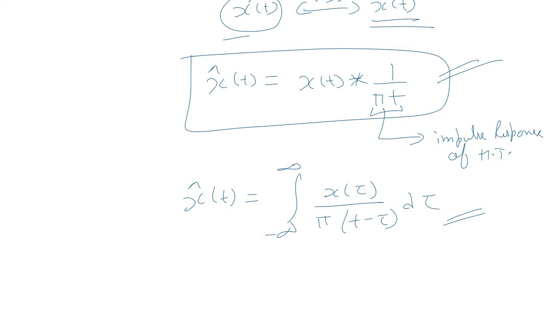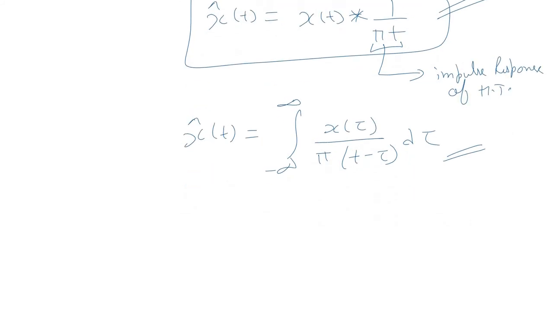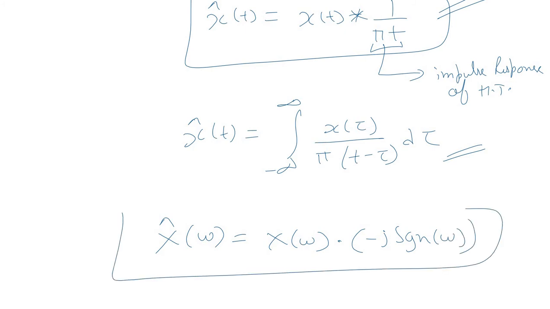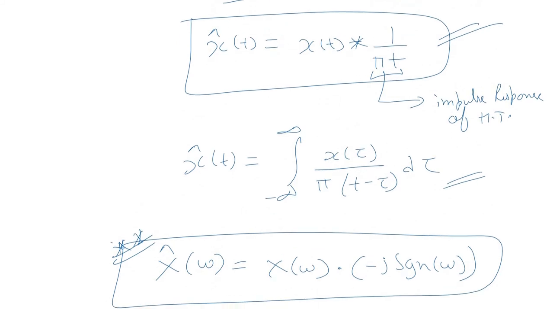In the frequency domain, x hat omega is equal to x omega into minus j signum omega. It's a very important expression in the frequency domain as well as in the time domain. Convolution in the time domain results in multiplication in the frequency domain.